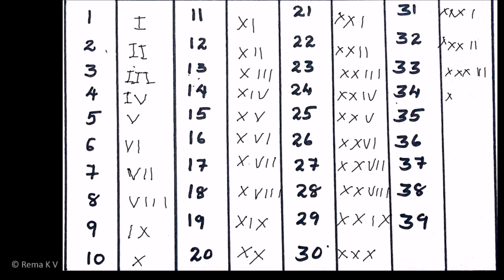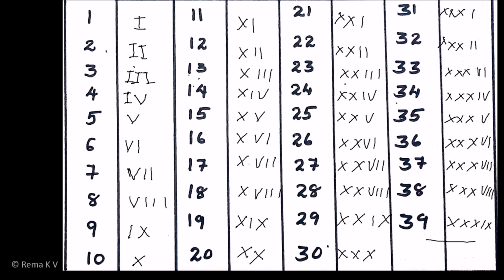Now this is 34, 30 and 4. 35 is 30 and 5. 36, 30 and 6. 37, 30 and 7. 38, 30 and 8. Then 39, 30 and 9. So up to this one you have to learn this year.